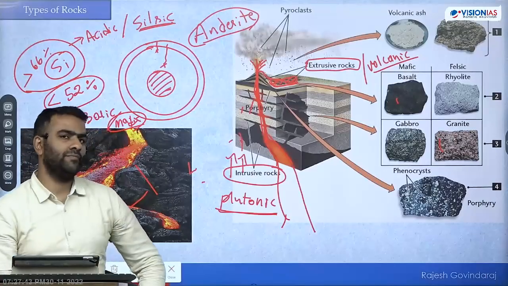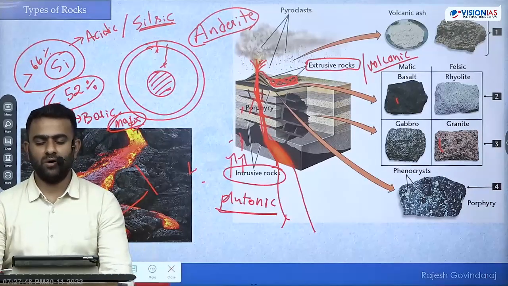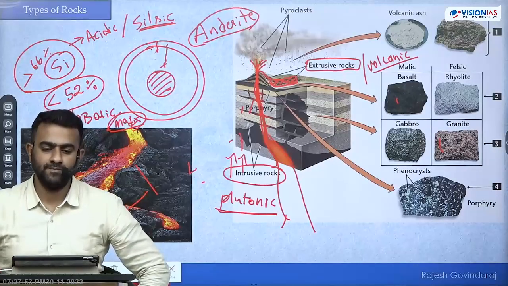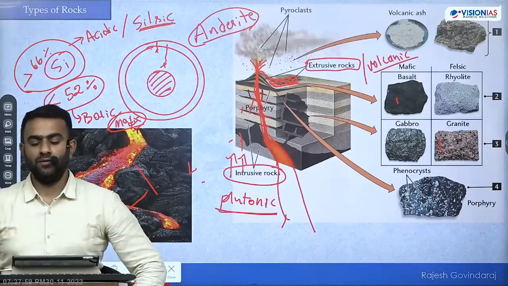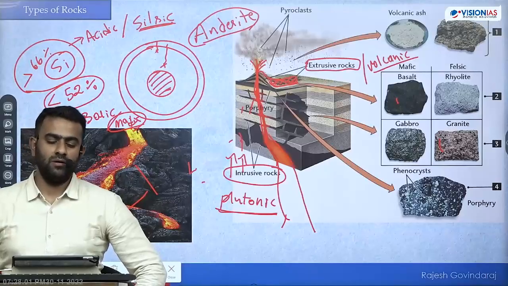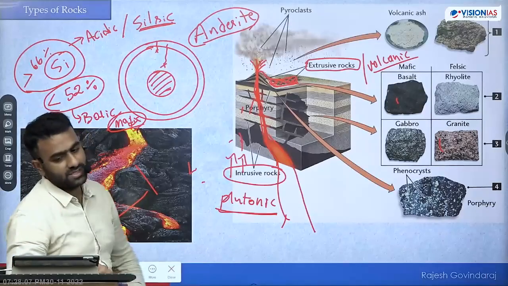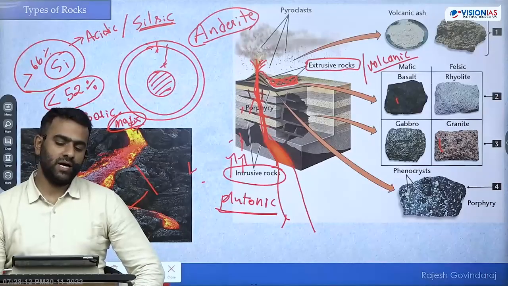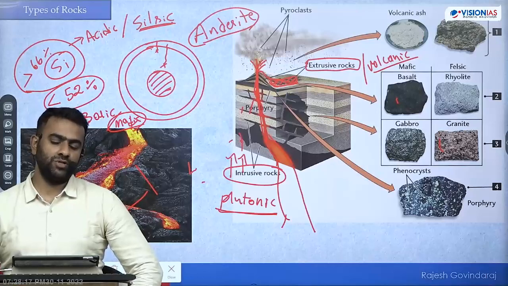Next paragraph. The igneous rocks are also classified into, first one, acidic or silicic, with silica proportion of more than 66%.